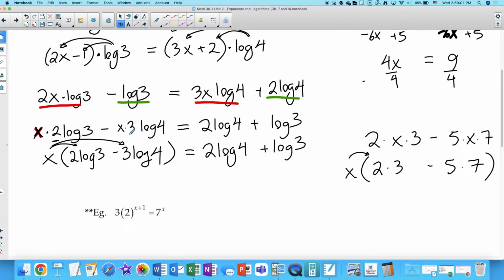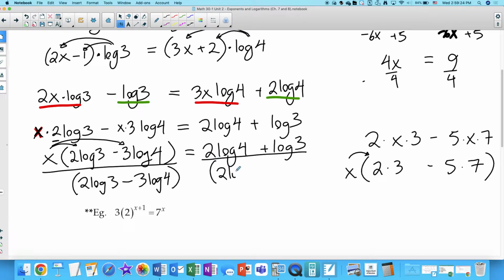Bottom line is, once the x is factored out, now I have something that I can divide by on both sides to isolate x. So I'm going to divide both sides by this bracket. And I've isolated x. These cancel. So this is my answer.